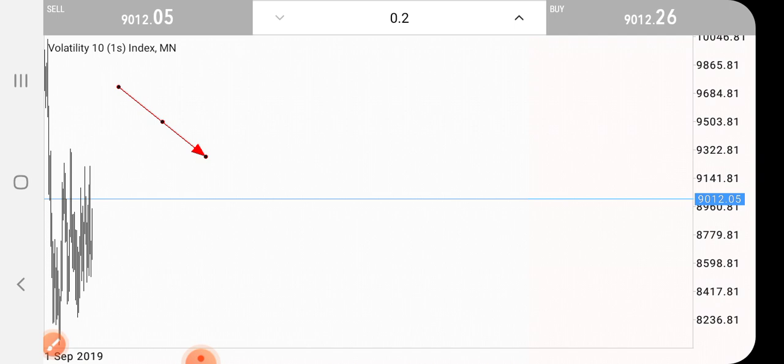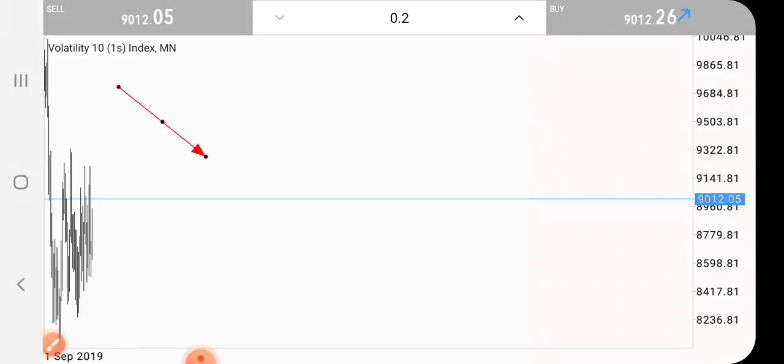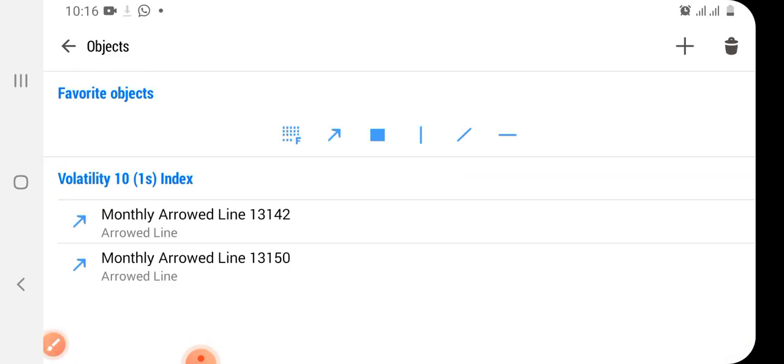So the market will move like this, then comes back, then it comes back, makes another point.